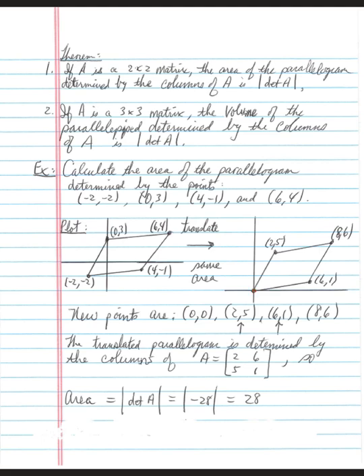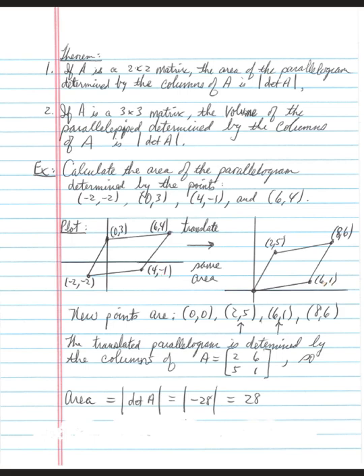The easiest one for me to spot was (-2, -2). I know that if I add 2 to both of these numbers, I force it to go to 0. So that's what I do. (0, 3), if you add 2 to both numbers, it's (2, 5). Add 2 to both numbers, that's (8, 6). Add 2 to both numbers, that's (6, 1).